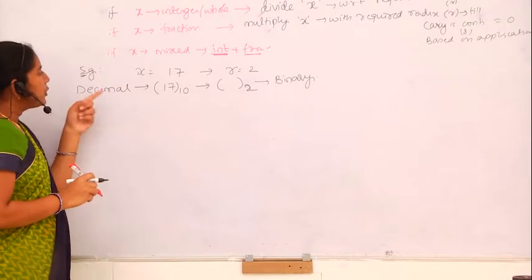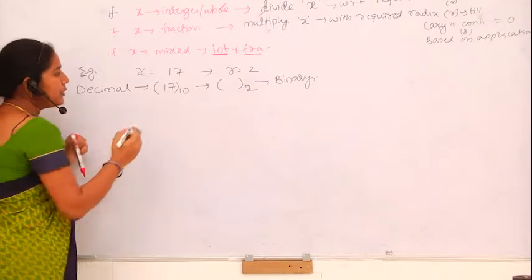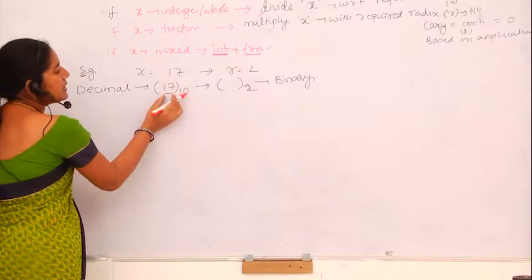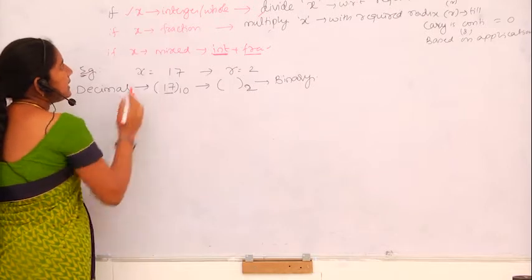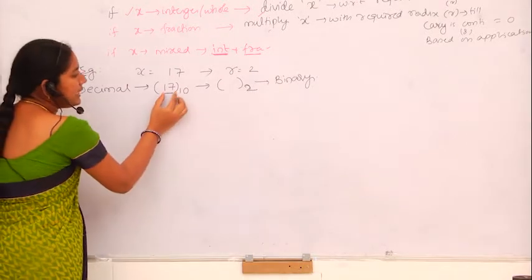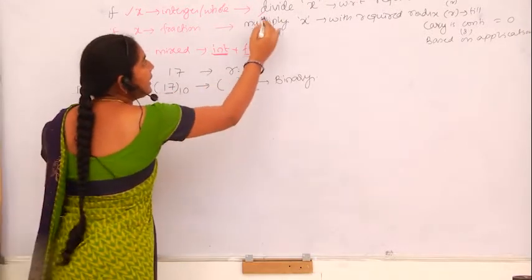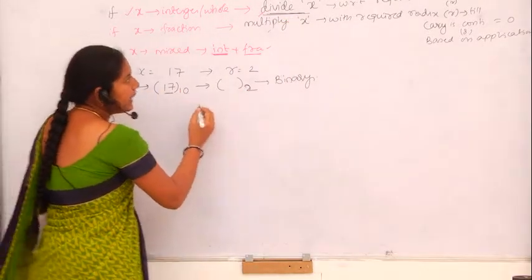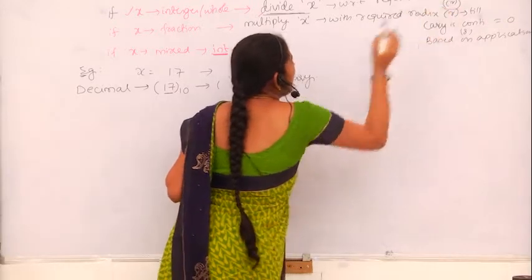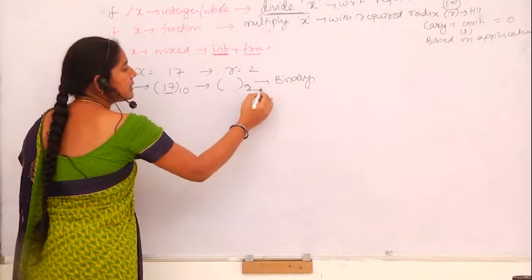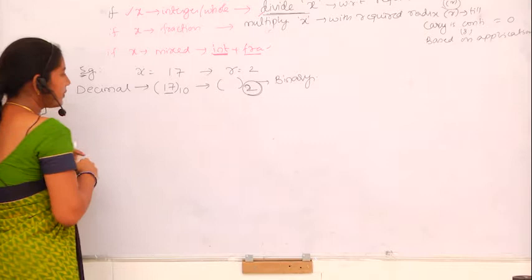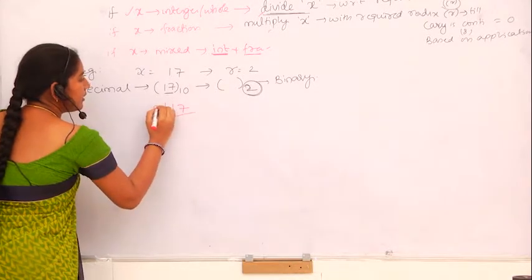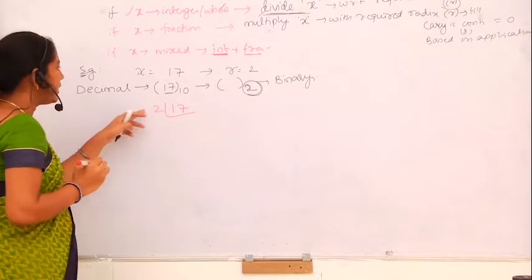To do this conversion, we need to check first what type of number it is. 17 is an integer number. So, for this integer, we need to divide with respect to the radix value. As radix is 2, divide this 17 with the radix value.